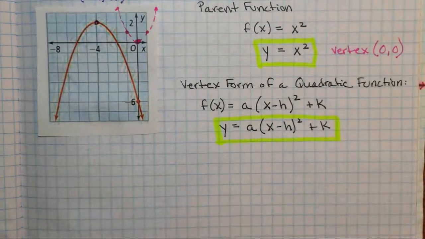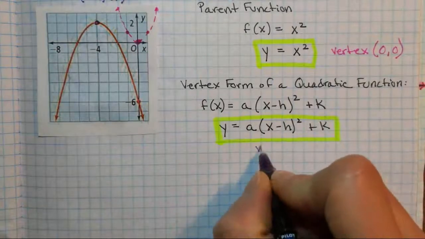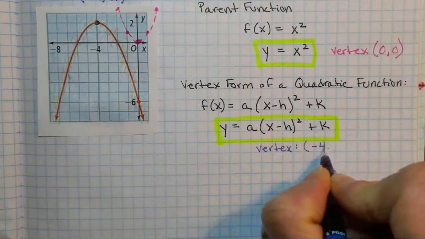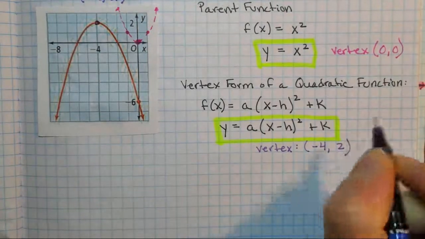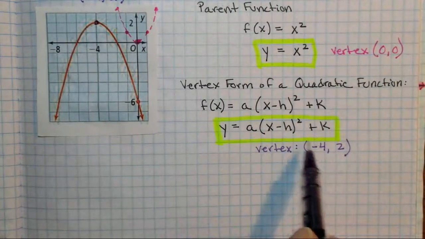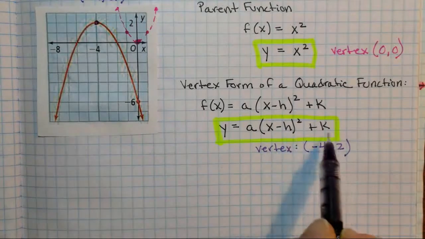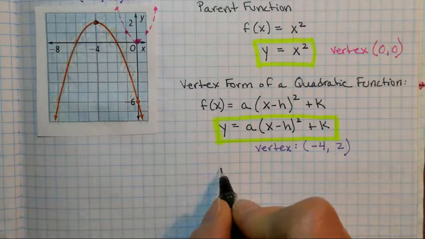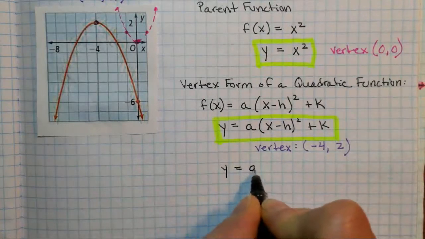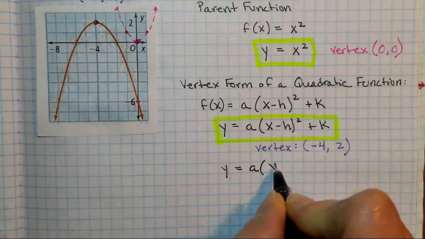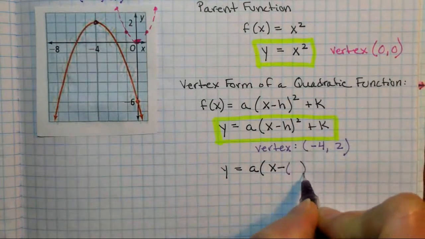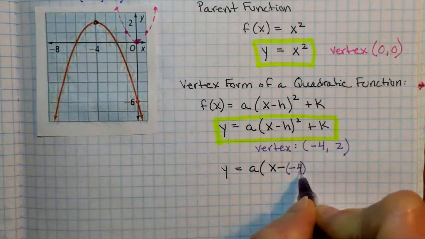So I'm going to write it right here. So my vertex is -4, 2. So if I remember, my -4 is my h and my 2 is my k. So when I transfer that in here, I'm going to have y is equal to a times x minus h, and h was -4.